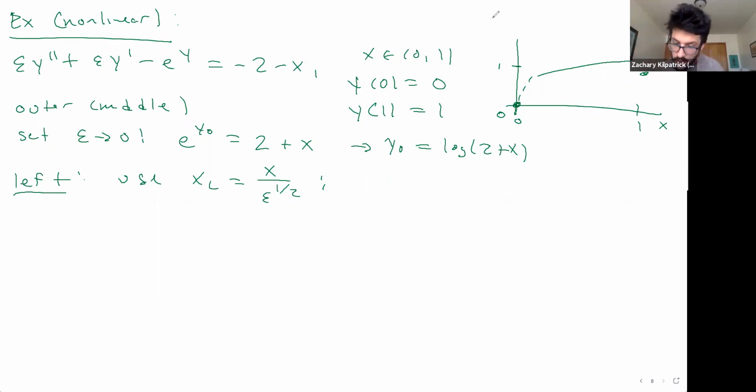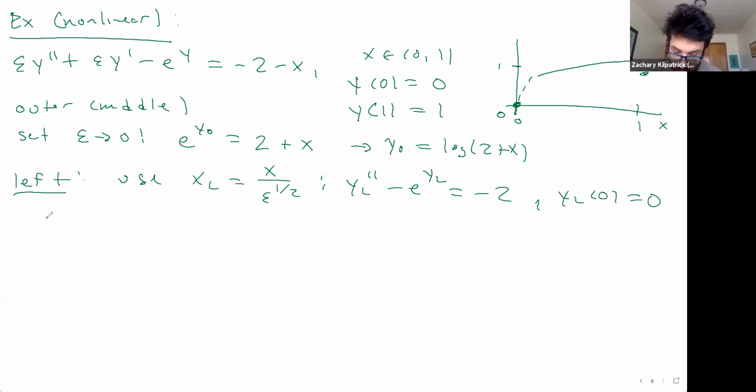So on the left, we have YL prime prime minus e to the YL is equal to minus 2, and YL of 0 is equal to 0, okay?